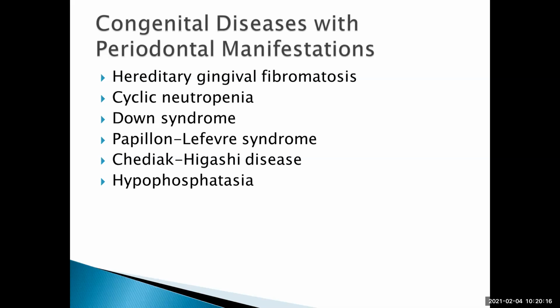Board reviews like to review this because occasionally there might be a board question. Papillon-Lefèvre and Chediak-Higashi are also, when you're giving blood, one of those screening questions that you have. Are you, okay, one of these people? Hypophosphatasia. Okay, again, you're going to be getting into all of these, but just kind of be familiar with some of these congenital manifestations.